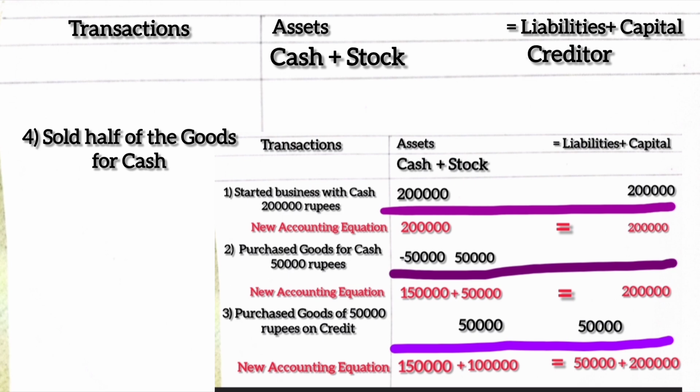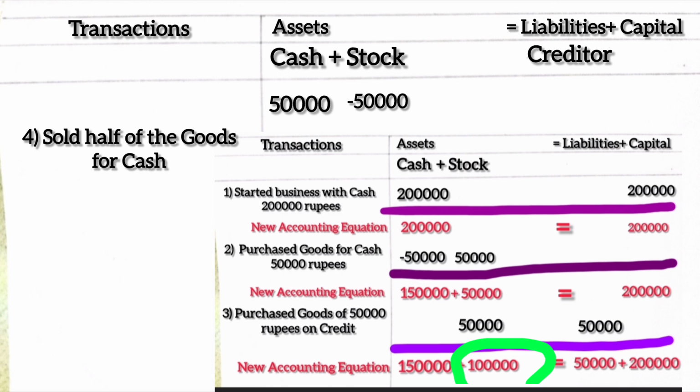So how much of the goods have been sold? Half of the goods have been sold. Our stock is 1 lakh, so half of it is 50,000. Yes or no? So 50,000 we will deduct from the stock column, and in the cash column we will add 50,000 because cash will be coming into the business.